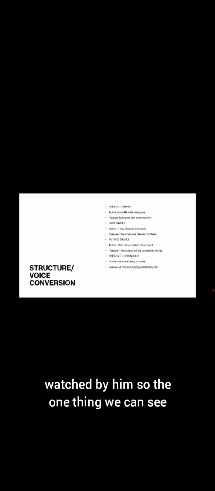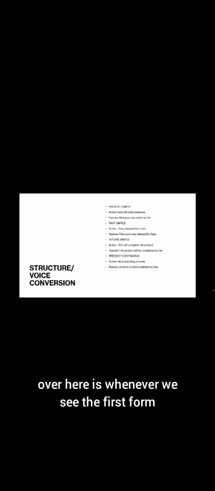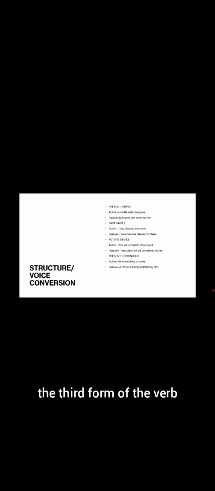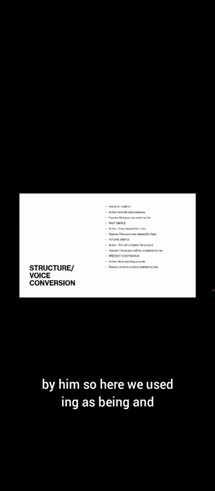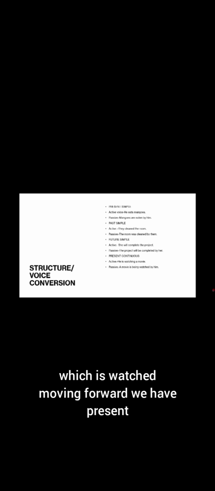So the one thing we can see over here is that whenever we see the first form of the verb plus ing, we will see its conversion into passive as using being plus the third form of the verb, which is here: a movie is being watched by him. So here we used ing as being, plus the verb's third form, which is watched.